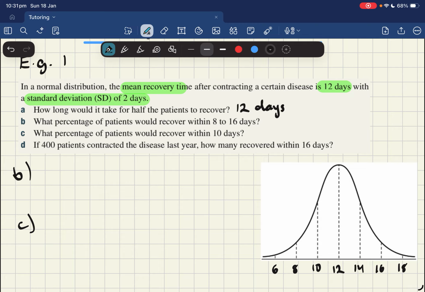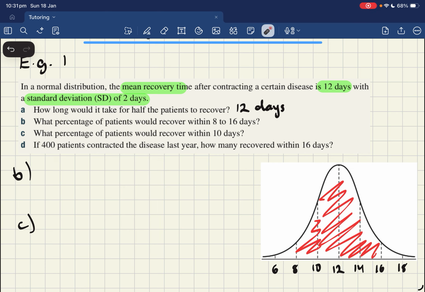Now, in part B, it's saying, what percentage of the patients would recover within 8 to 16 days? So 8 to 16. We can see that this is within 2 standard deviations of our mean, 1, 2 above and 1, 2 below.